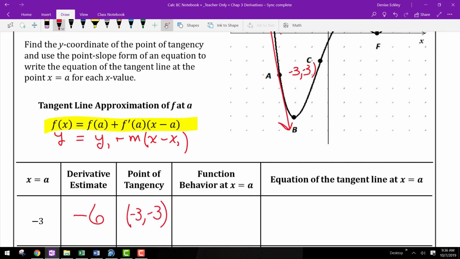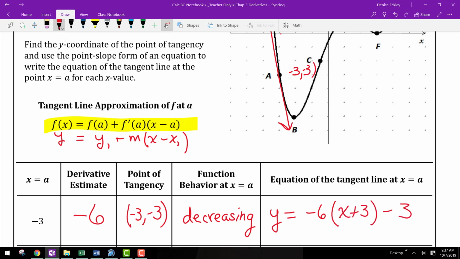Function behavior is decreasing because we're going down along A, so this is decreasing. And then the equation of the tangent line is going to be y equals -6 times x plus 3 minus 3. Okay, I'm going to do one more, and then I'll let you guys do the rest, and I'll just show you the table.